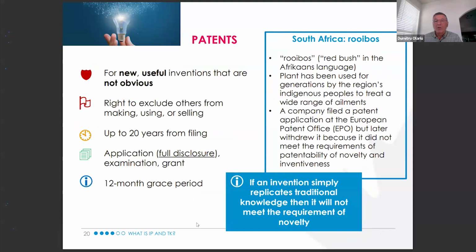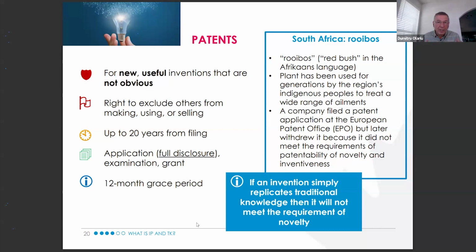And here you have an example of a composition of matter, actually a medication, where a patent applicant tried to get the grant of a European patent, but had to withdraw that application because it was found that the composition of that particular drug was based on a creation related to traditional knowledge, and that was rooibos, red bush in the Afrikaans language.